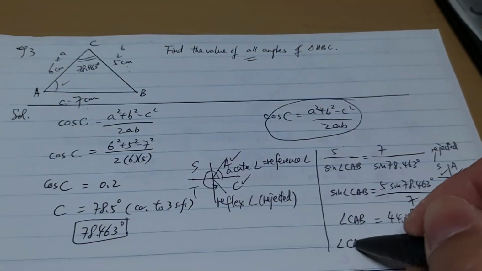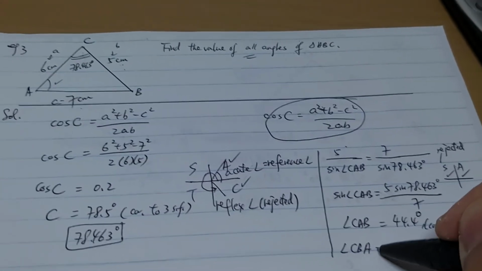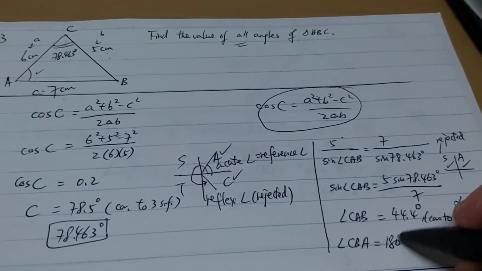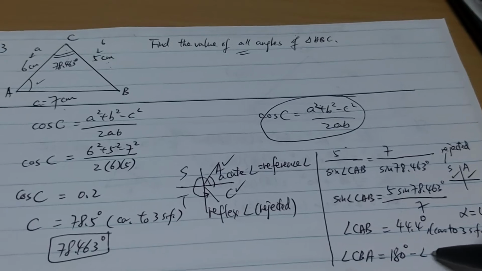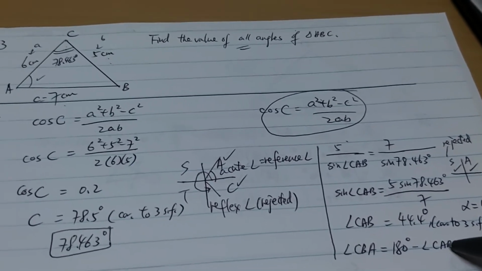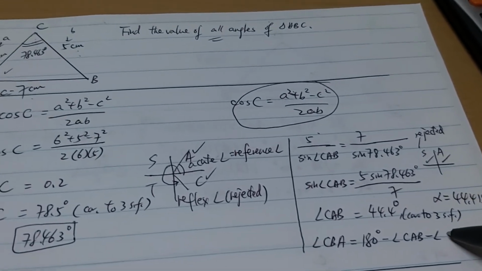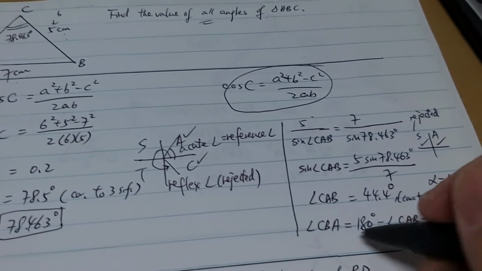So angle CBA is just 180 degrees minus angle CAB minus angle ACB.